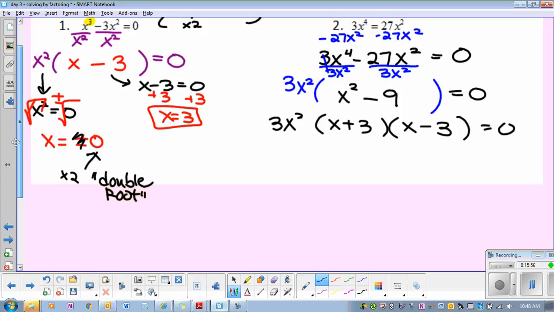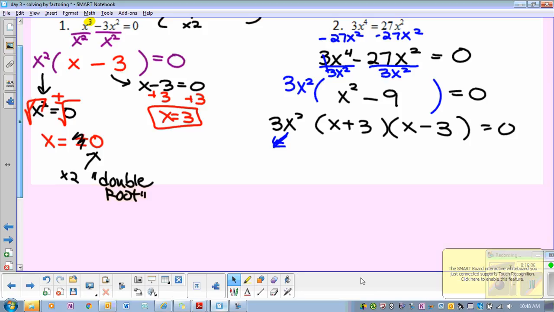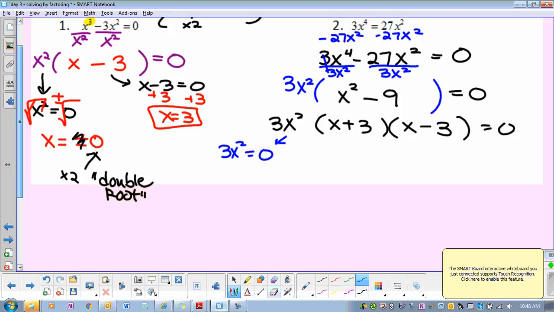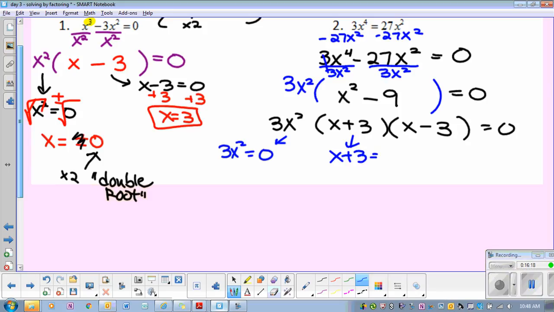Let's do our mini equations. 3x squared equals 0. And then I have this guy, x plus 3 equals 0. I have x minus 3 equals 0.